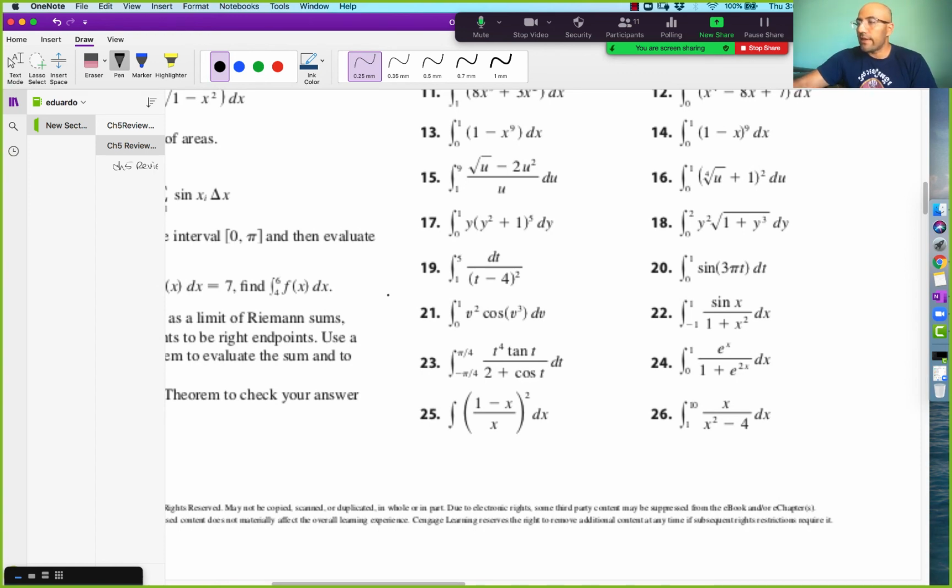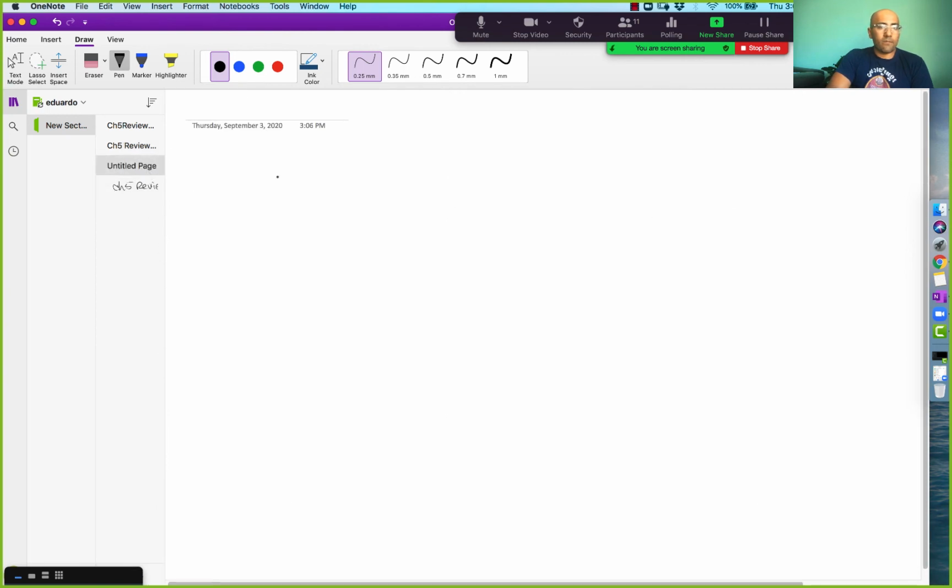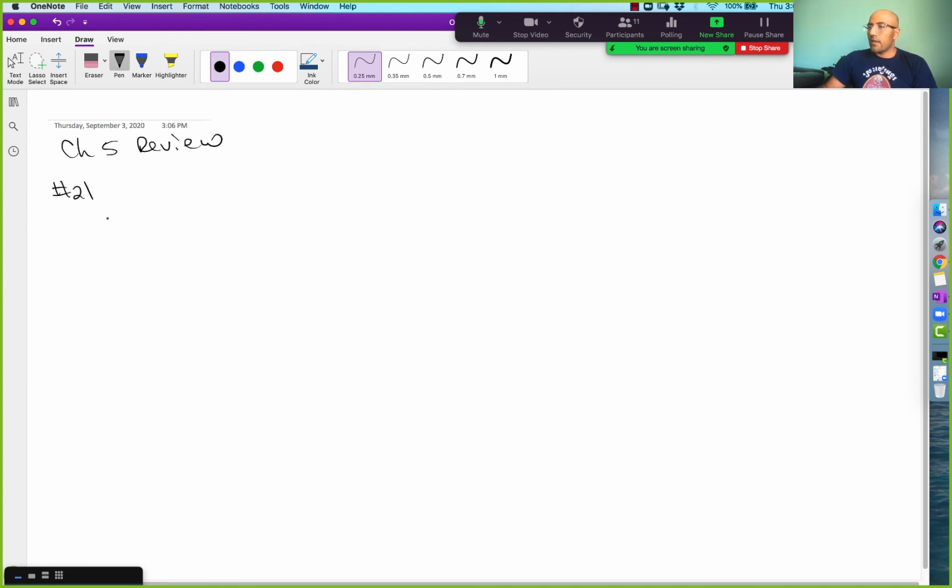Okay, number 21, and that seems like, again, a perfect application of this substitution property. This is Chapter 5 review, number 21. It is the integral from 0 to 1 of v squared cosine of v cubed dv.